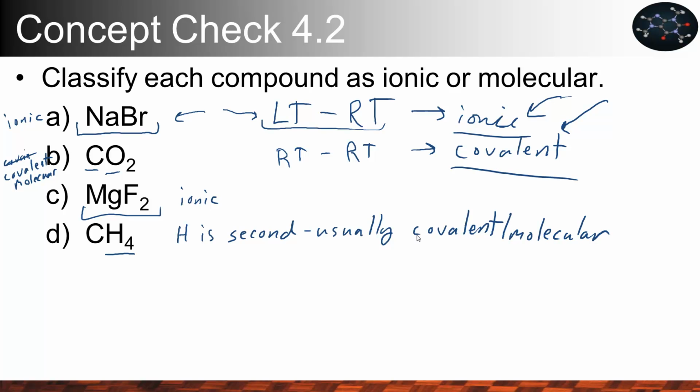Hydrogen can also form an ionic bond by giving up its electron or taking in something else's electron. So if hydrogen is first, then it's typically, but not always, usually ionic. So in this case, it's second. So that means we have two right side elements. So covalent.